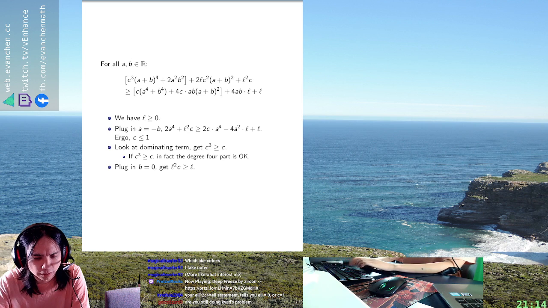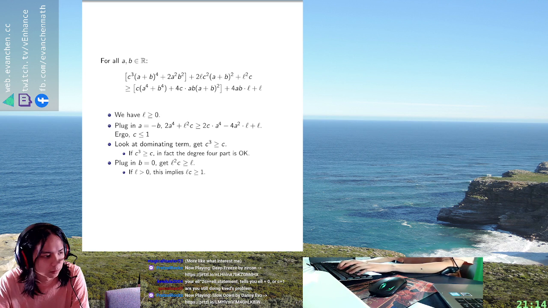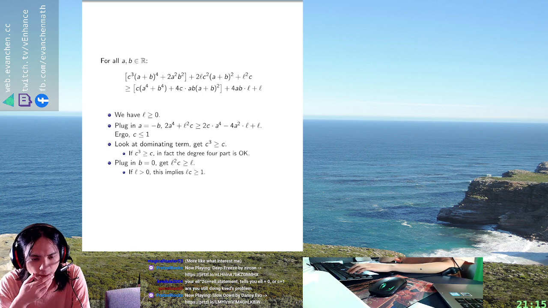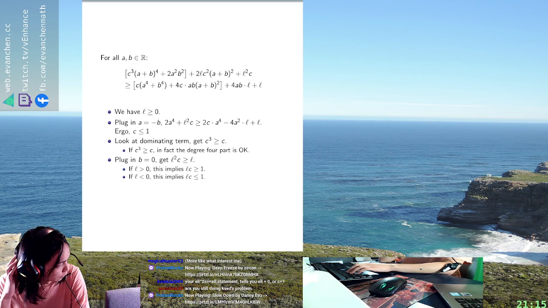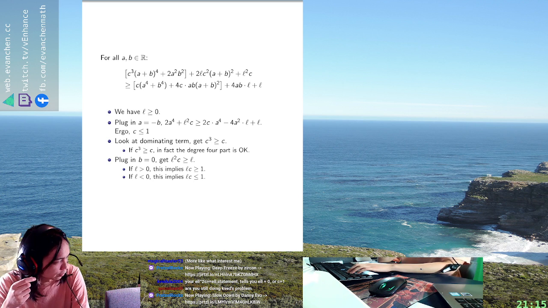Why does that tell me C is... Am I a stupid head? Wait, what? And if L squared C is less than or equal to 1. Did I miss something? Alright, I feel like I missed something. Why does it tell you L equals 0 or C equals 1?